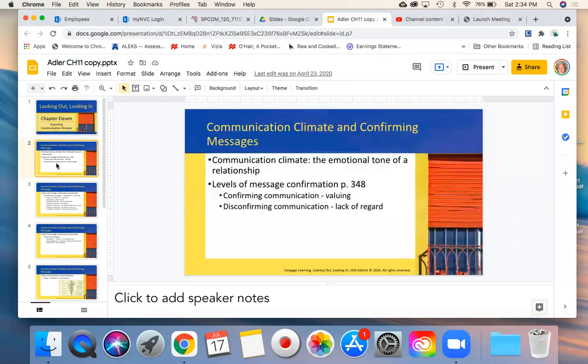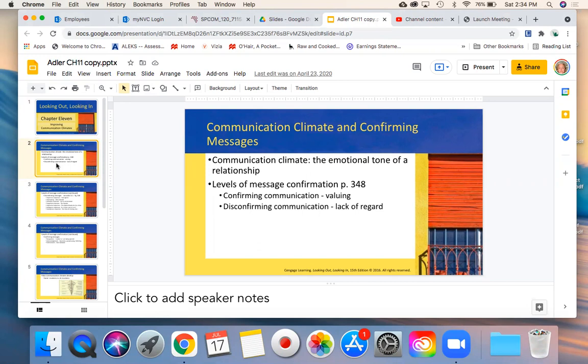All right, so let's just jump in on confirming messages. Where will we find that in your book? First of all, this idea of a communication climate starts out on page 346. A climate just refers to the emotional tone of a relationship, right? There are a lot of ways you can characterize the climate.